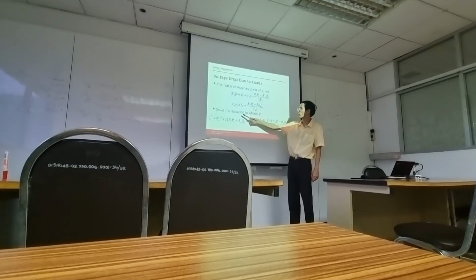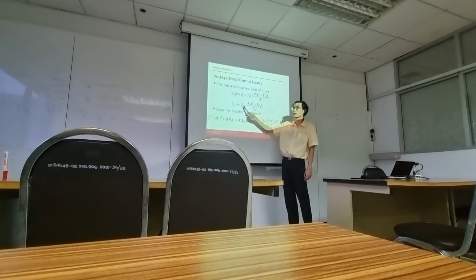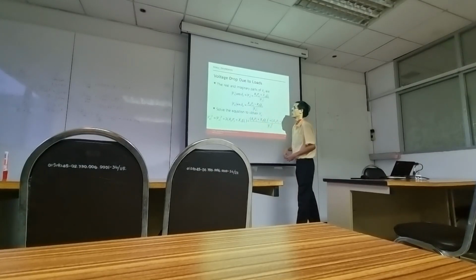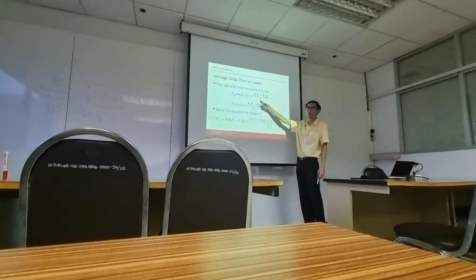In order to solve this equation, we want to know VL. So we can get rid of delta S by what? Cosine square plus sine square equal to 1. So you square the first equation and square the second equation and add them.